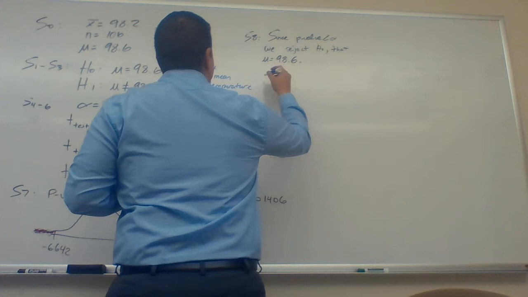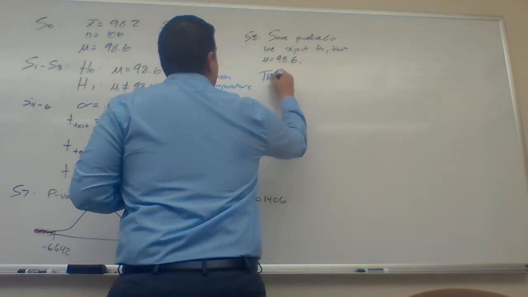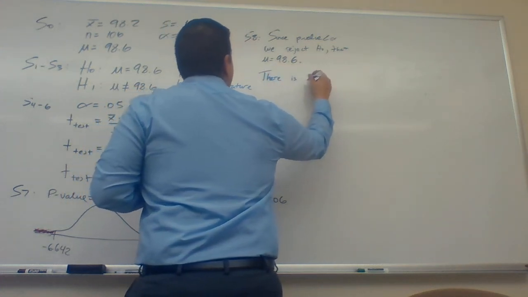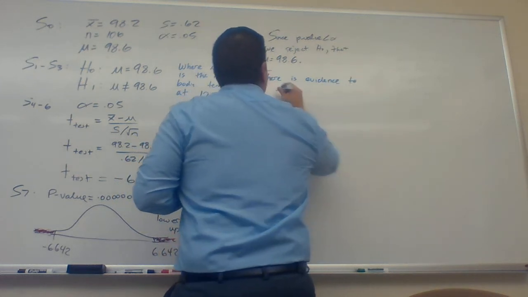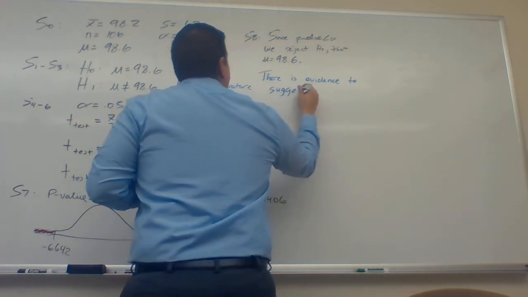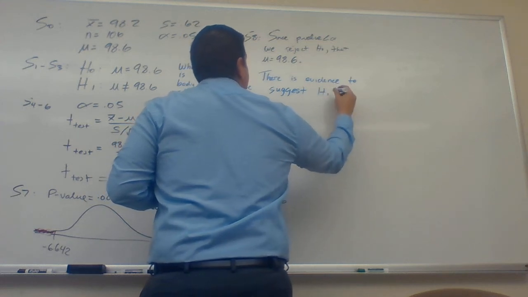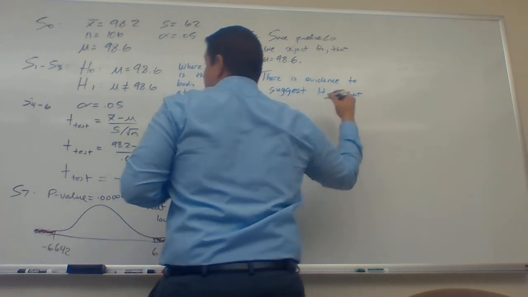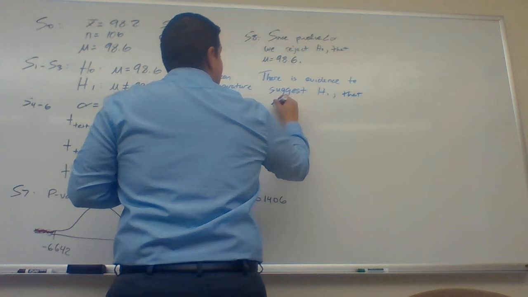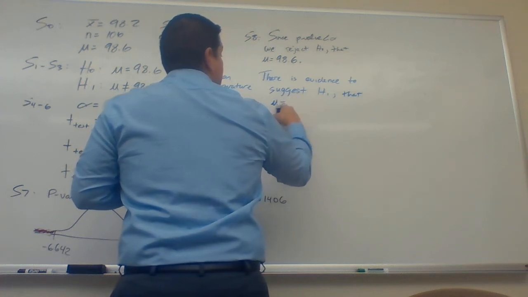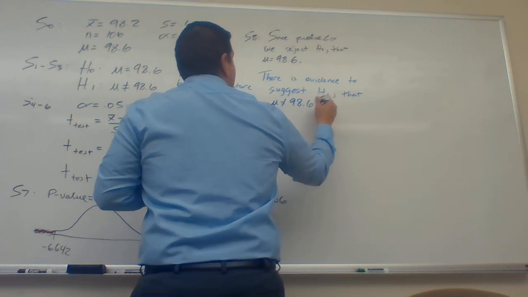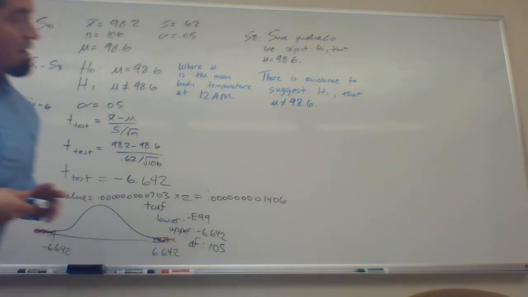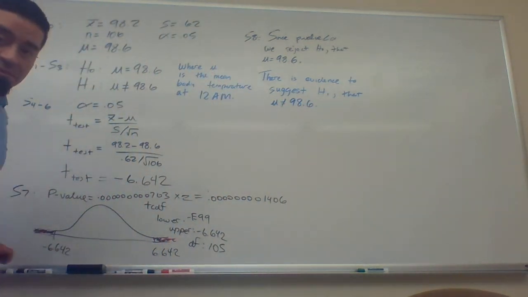Therefore, there is evidence to suggest H1, the alternative hypothesis, that the mean body temperature at 12 a.m. is not 98.6. And we've finished. Okay, we've made our conclusion.